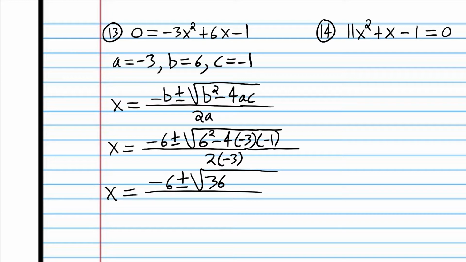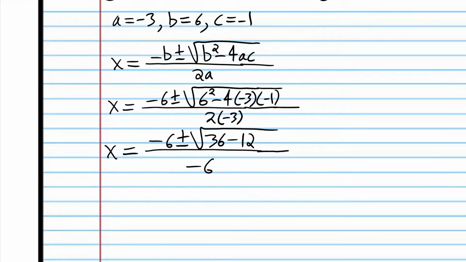And -4 times -3 is 12, and 12 times -1 is -12. And then we get -6. And 36 minus 12, that's going to be 24.